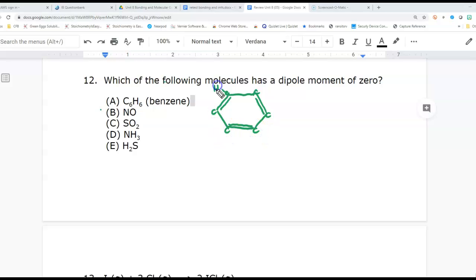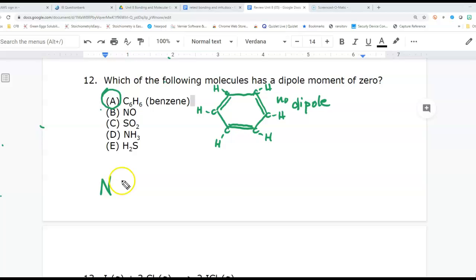And then coming off of each C is an H, an H, an H, an H, an H, and an H. And so this one very definitely has no dipole. All of those bonds tend to cancel each other out. So that one is the no dipole. That one's going to be our answer.